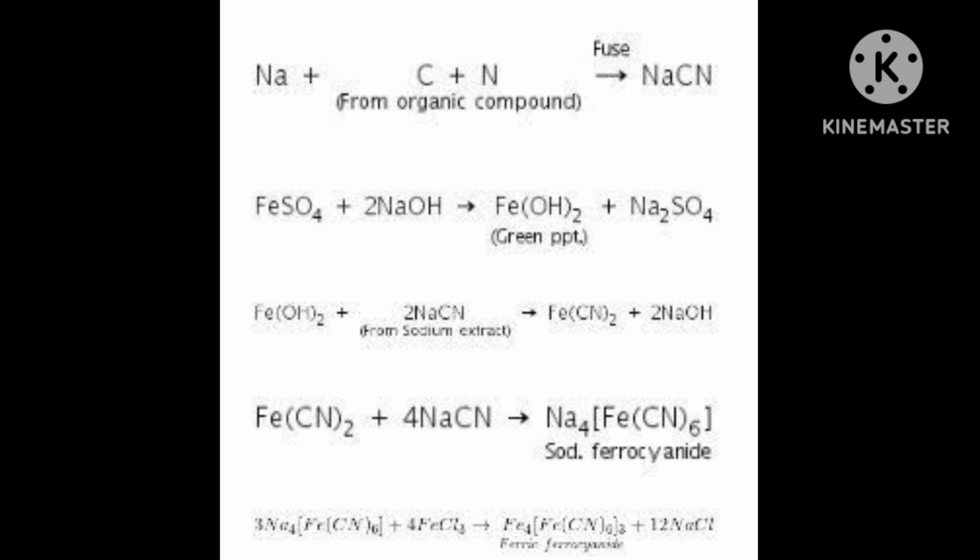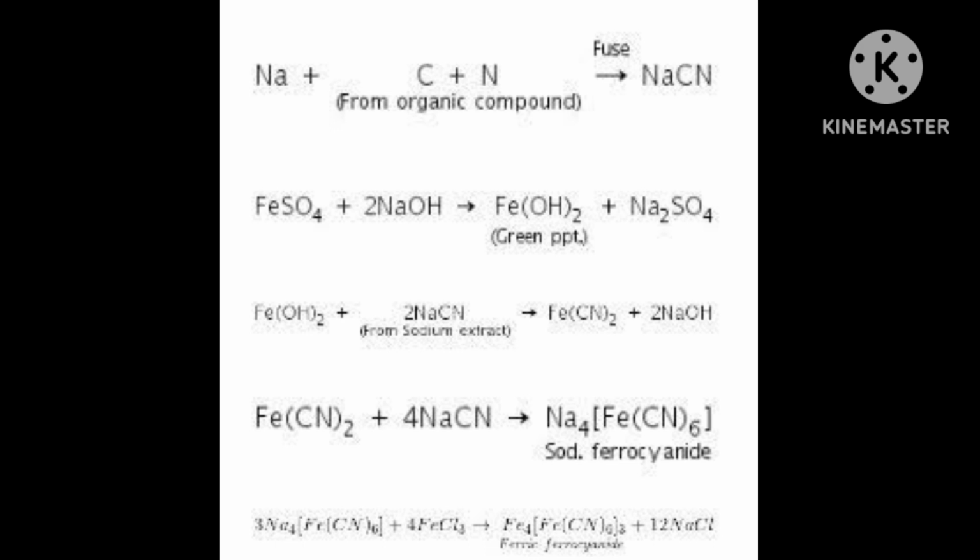Write Fe(CN)6 in bracket and outside 4 minus. And this Fe(CN)6 4 minus will react with Fe3 plus. I am telling you the balanced equation.